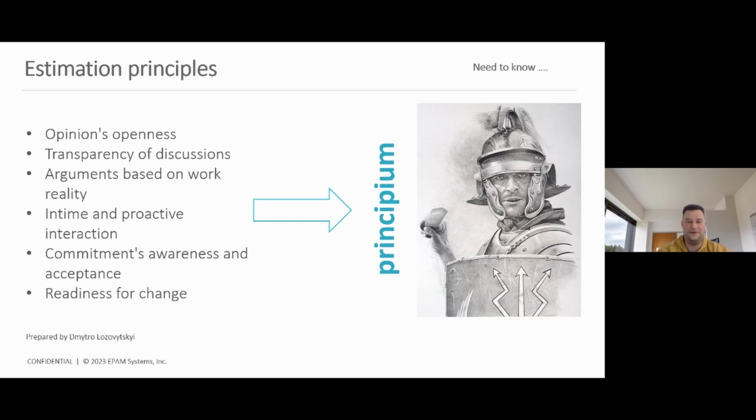Arguments based on work reality. Not only bad feelings should you use as arguments. When you have a discussion, please provide arguments and some kind of examples, maybe from your team life, maybe from your previous work life.